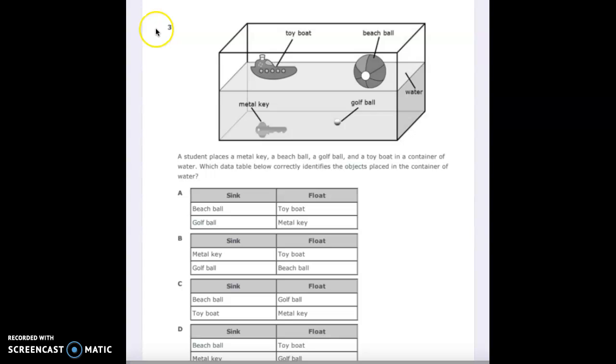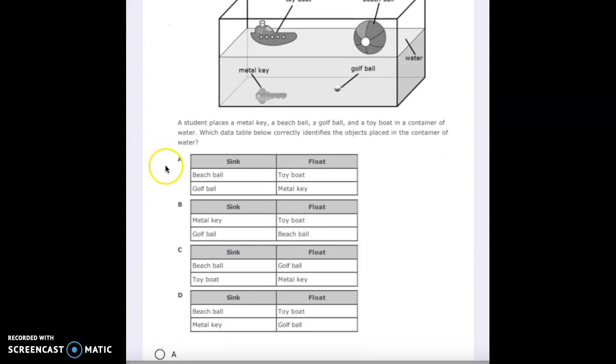Number 3. A student places a metal key, a beach ball, a golf ball, and a toy boat in a container of water. Which data table below correctly identifies the objects placed in a container of water? A. Sink: beach ball, golf ball. Float: toy boat, metal key.